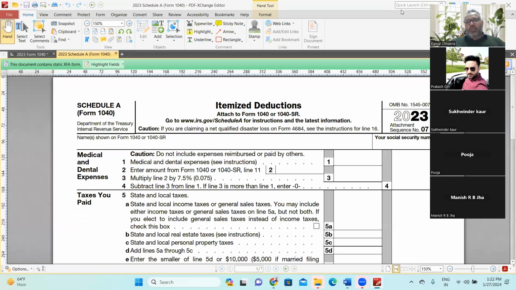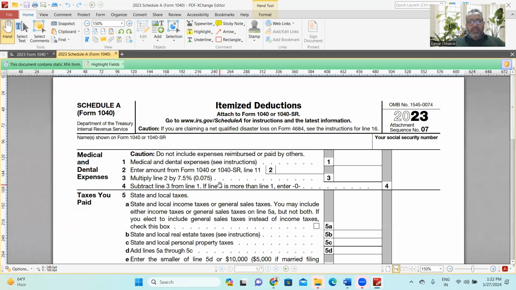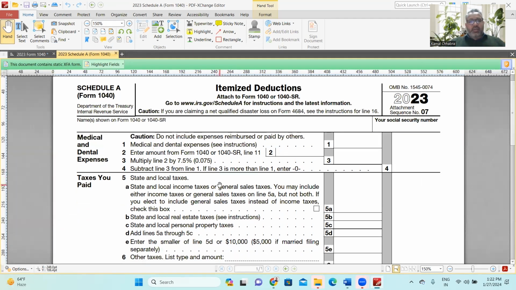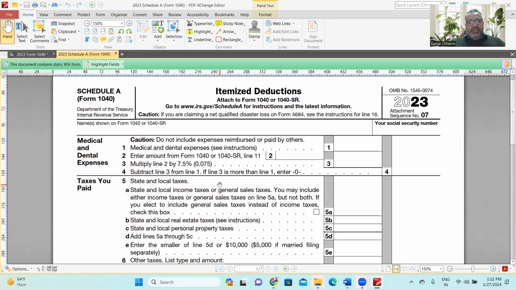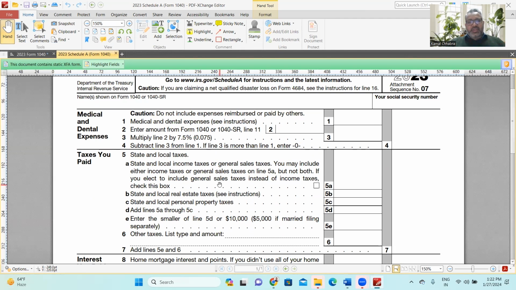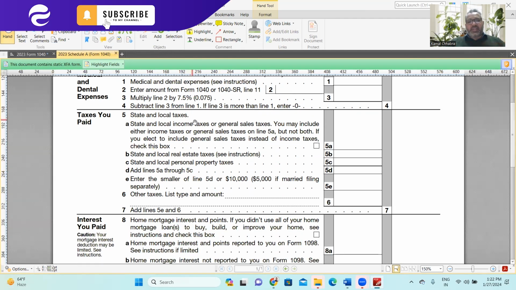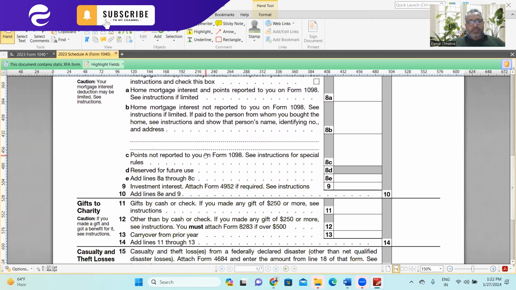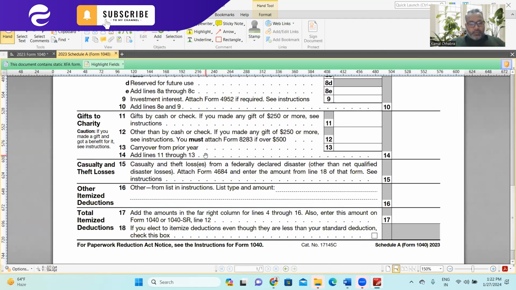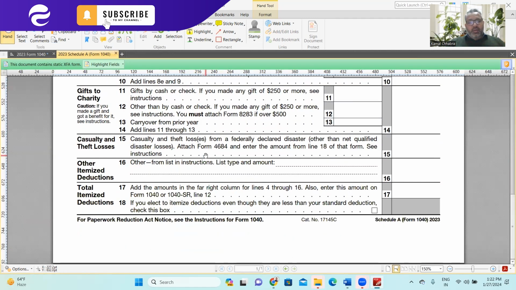So this is the schedule for itemized deduction, right? If you remember, in the overview section we discussed what all comes under the itemized deduction: medical and dental expenses, taxes paid, which is state or local taxes, interest paid on the mortgage of a house, gifts for charity, casualty or theft loss, and other itemized deductions like charitable contributions or business travel.